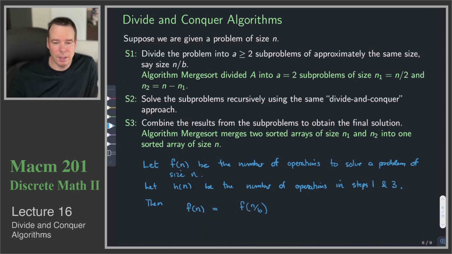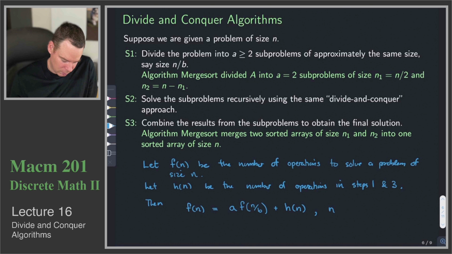It takes F(n/b) operations. And I had to do that for each of the a subproblems. So there's a times F(n/b) operations to solve those subproblems, plus the cost of disassembling and reassembling, steps 1 and 3. So that's plus an H(n). And so there is our recurrence relation.